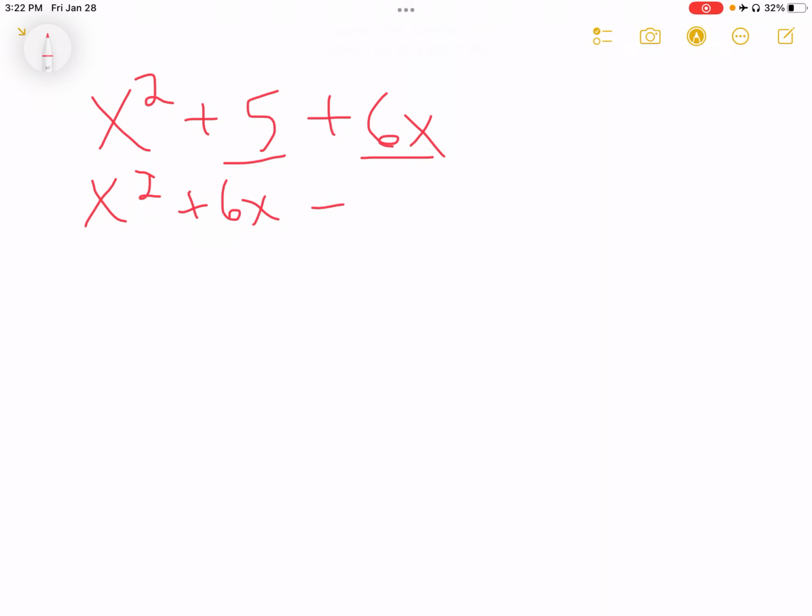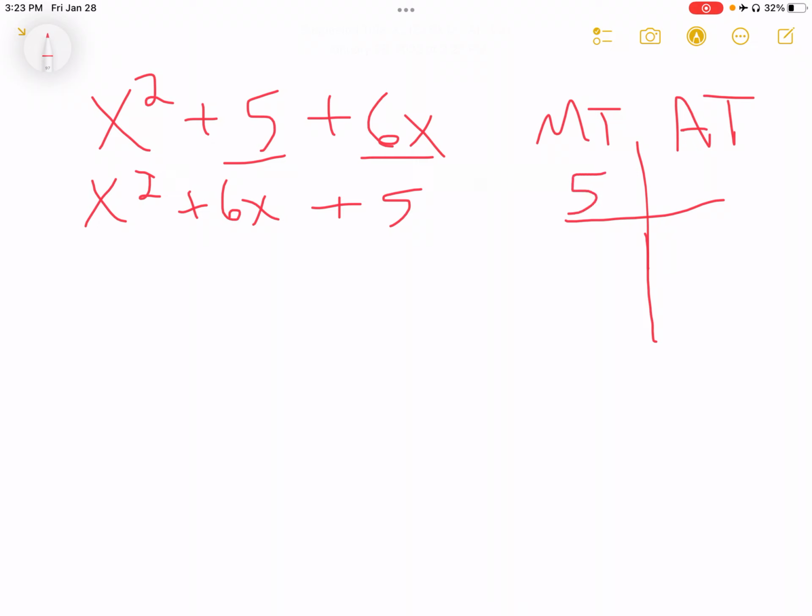You write x squared plus 6x, and then you write plus 5. Okay, good. So now we can identify our numbers here, and then we can write our t-chart. So multiplies to, and adds to. Multiplies to two numbers that multiply to A times C, so that's 5, and adds to 6.